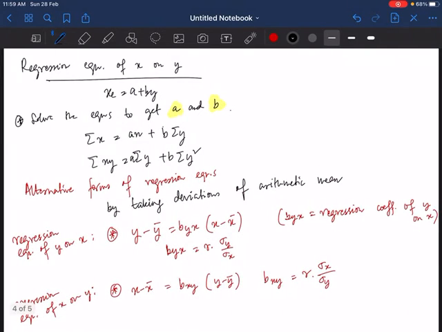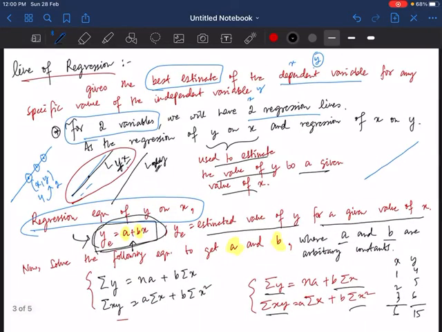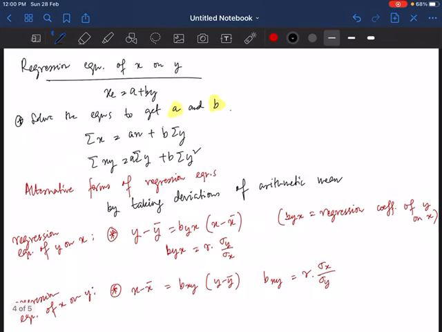Now the next one. The first regression equation was of y on x. Now the second equation will be of x on y. So this is the second line we are talking about. Here we have to estimate the value of x for a given value of y, so that's why we write Xe = a + by. It will be the same thing, but in place of x I will write y, and in place of y I will write x.